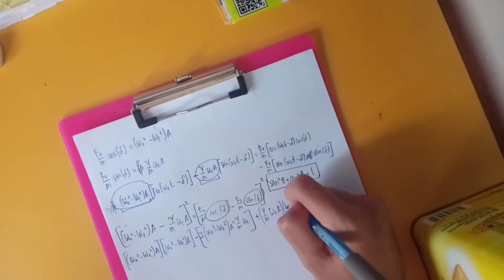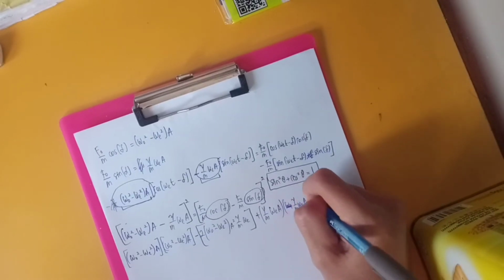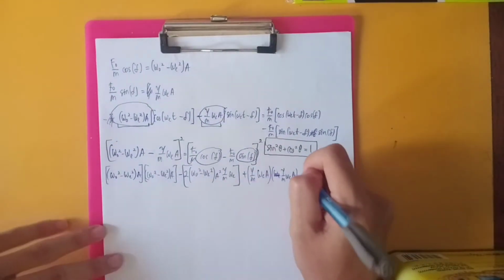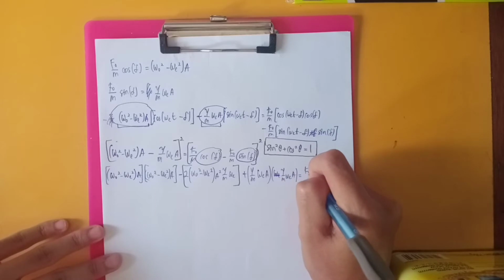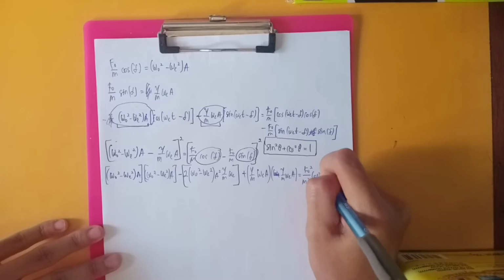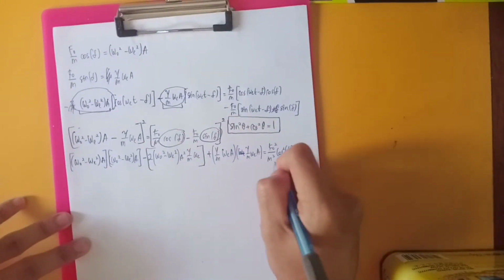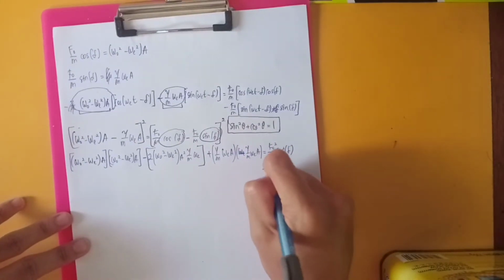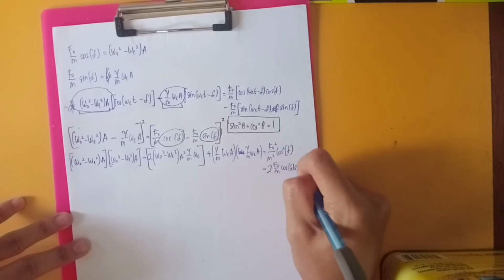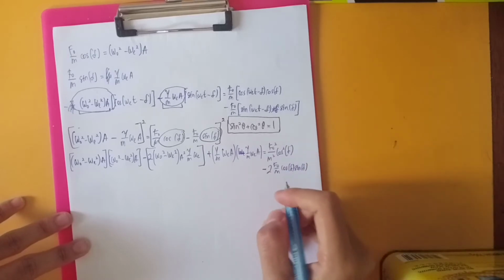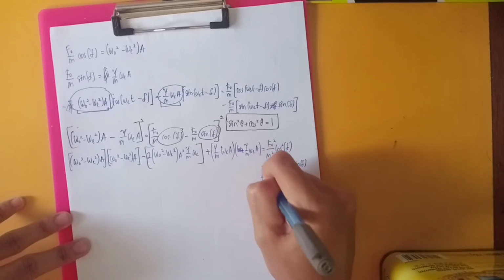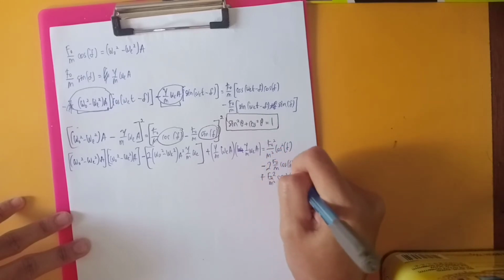So gamma over m omega e A is equal to F naught square over m square cos square delta, and then minus 2 F naught over m cos delta sine delta, and then plus F naught square over m square sine square delta.